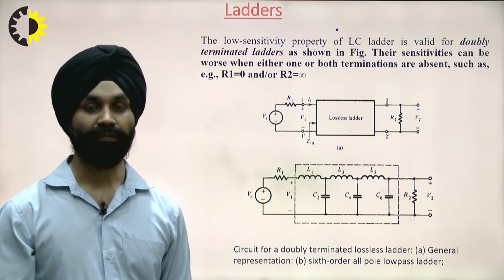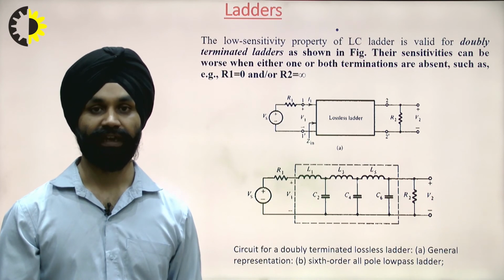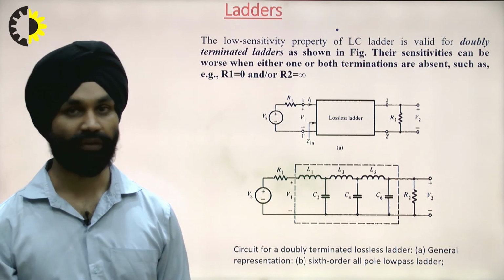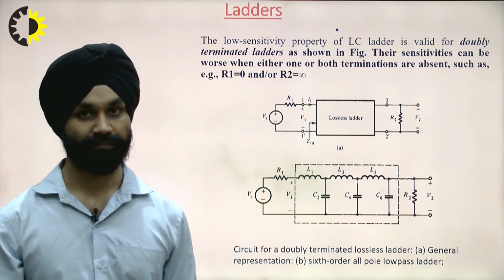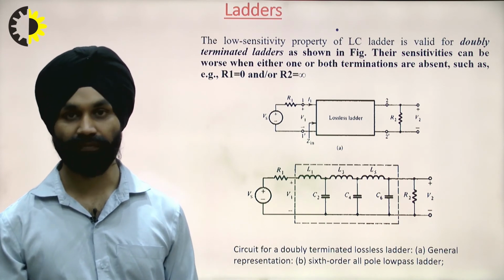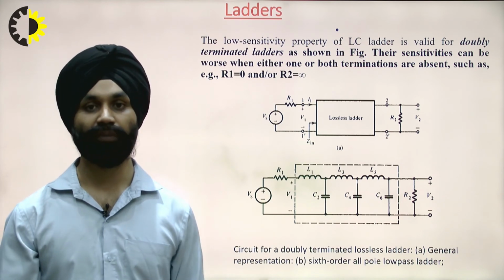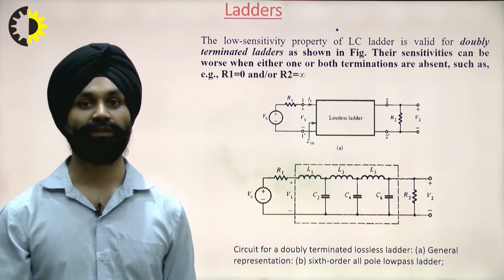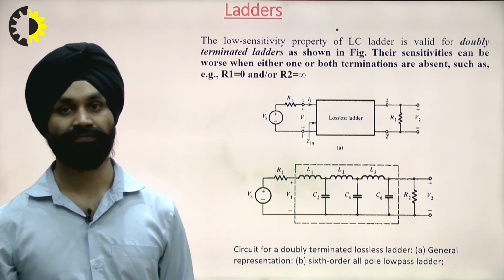Now the problem with GICs is that we have to use a number of op-amps. For one inductor we have to use 4 op-amps as well as R5 impedances. So we have to use a number of impedances as well as op-amps. This will make the whole circuit more complex, bulkier and costlier.